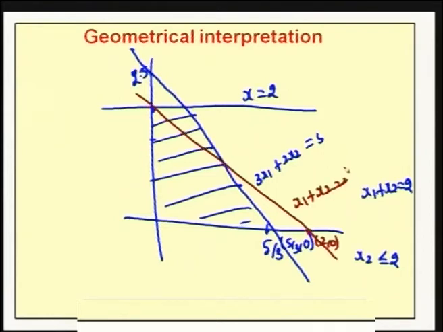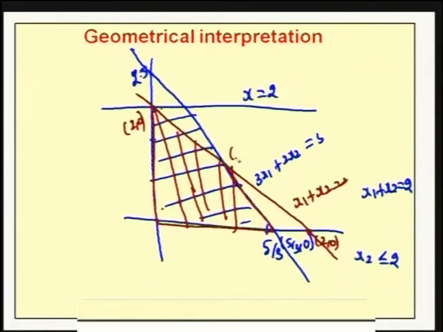So, our Gomorian constraint reduces the solution space from the original solution space, this one. From this it reduces the solution space this way. This is the geometrical interpretation of the given integer programming problem, in which we have the points 2 comma 0 and 1 comma 1.